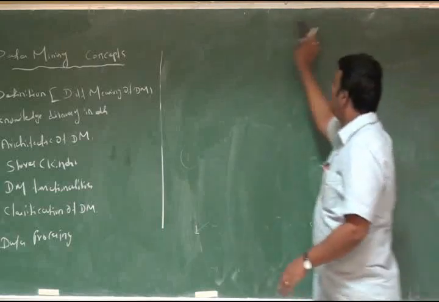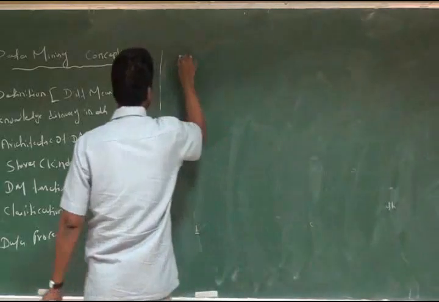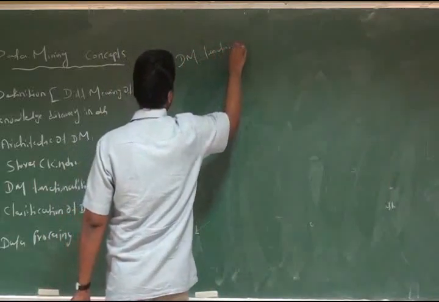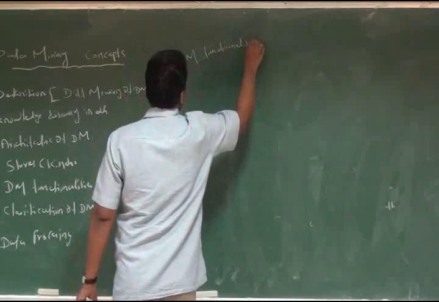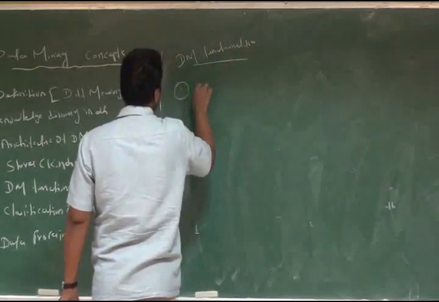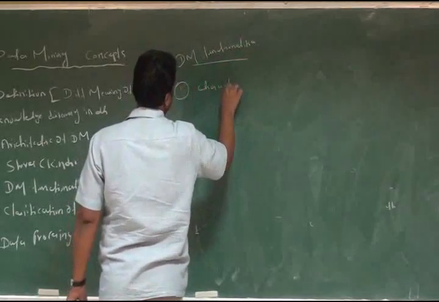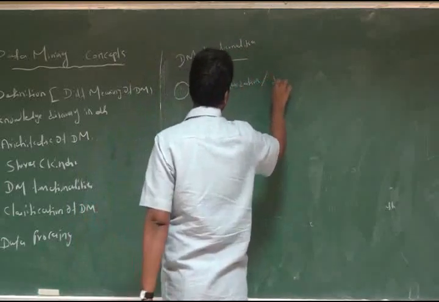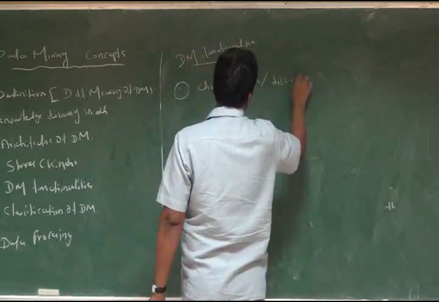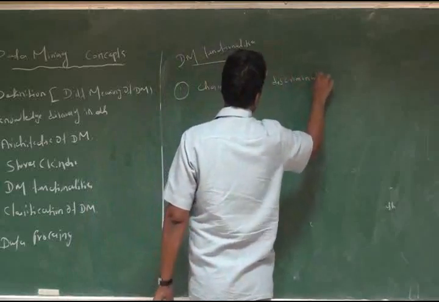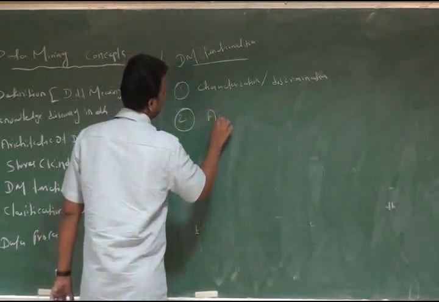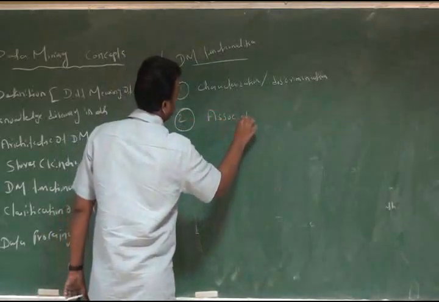The first data mining functionality is characterization and/or discrimination. The next one, association analysis.